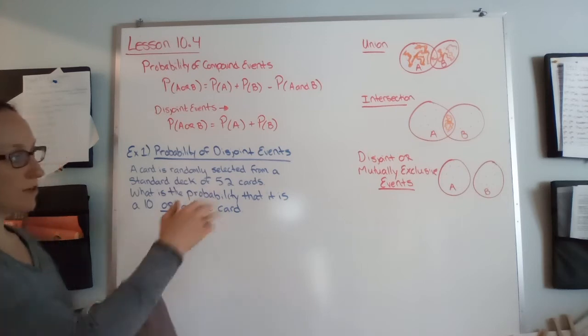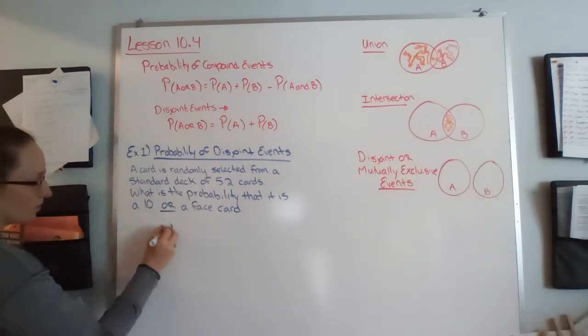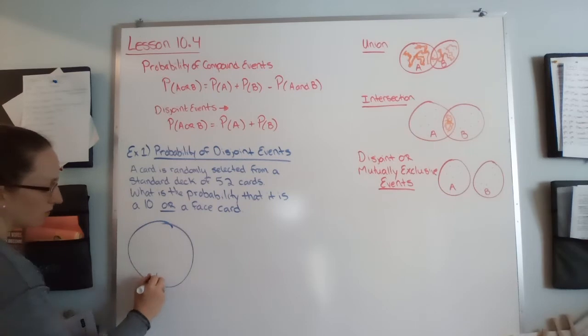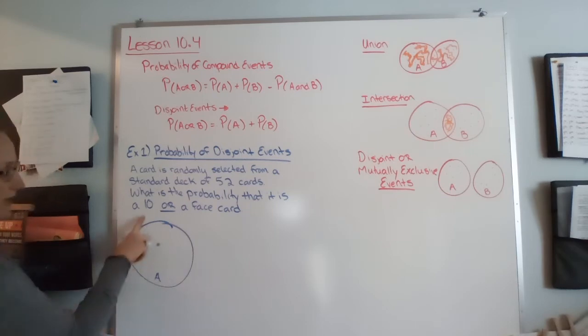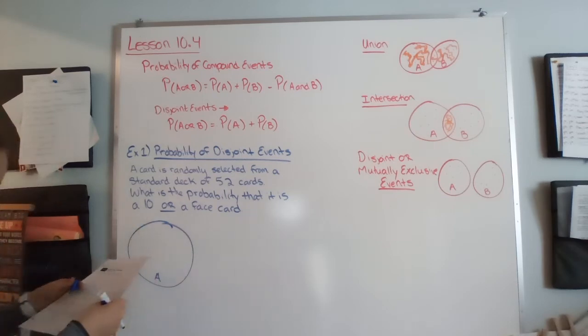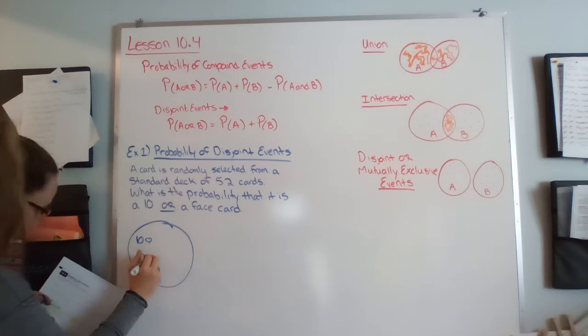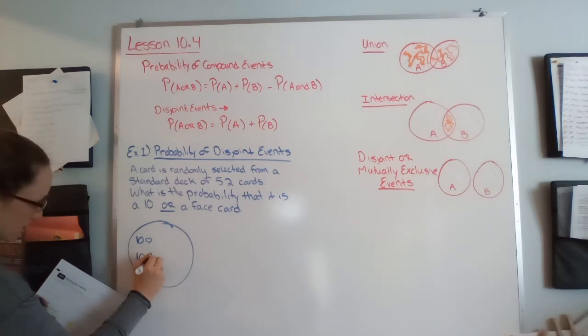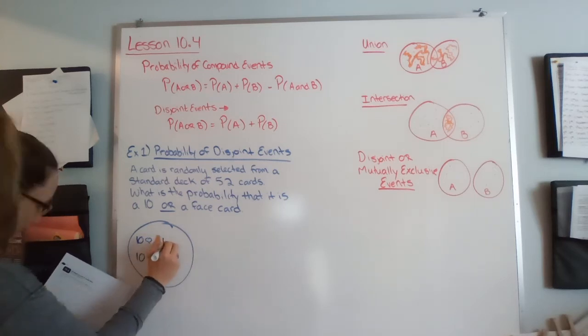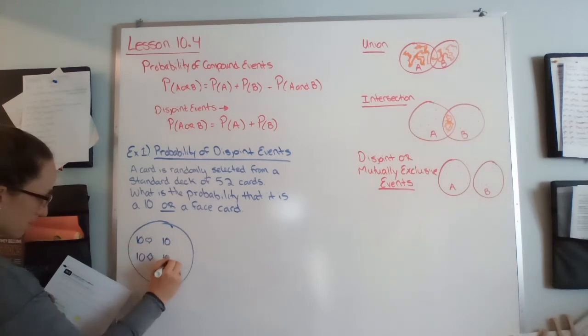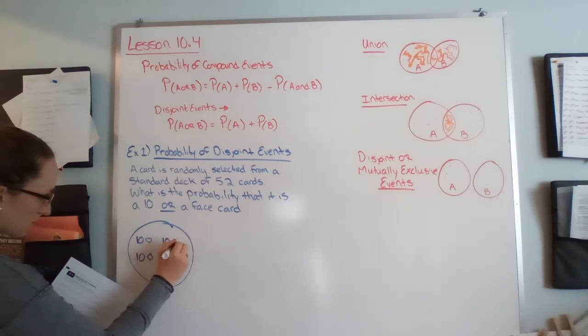Okay, so if you want to visually think about this, in one circle we'd have event A, which would be selecting a 10. So we have our 10 of hearts, our 10 of diamonds, our 10 of spades and clubs. I'll try to draw a club up here. Something like that, right?